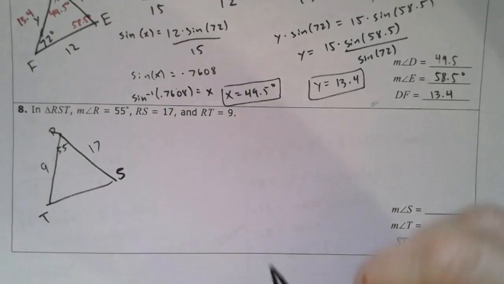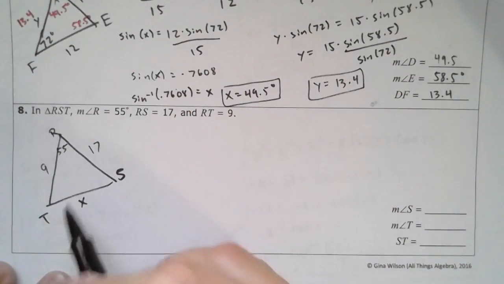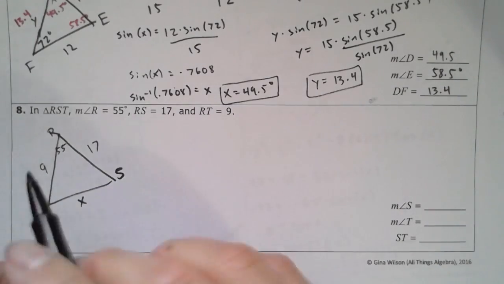So to find this side here, call it x, and then of course I'm giving the side, the angle opposite to it.